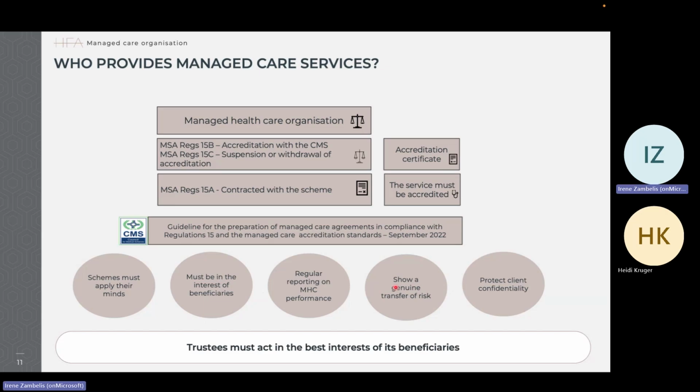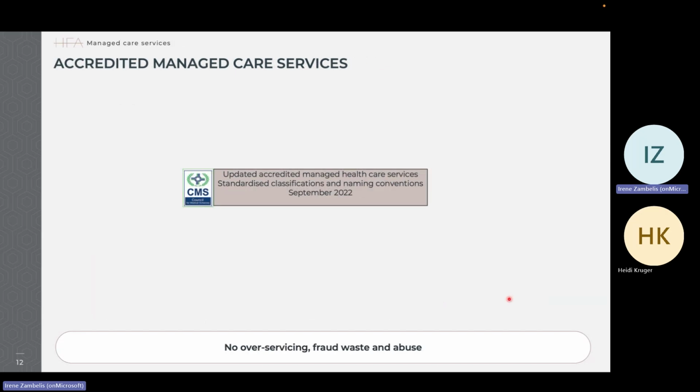So is there a genuine transfer of risk to the providers? And are you protecting client confidentiality? This is in the Medical Schemes Act and Regulations, not just the Protection of Personal Information Act. So there's a lot that goes into your choice of managed healthcare services.